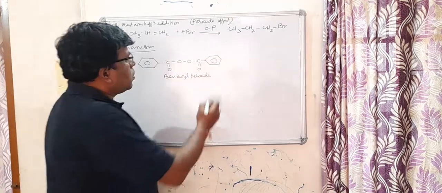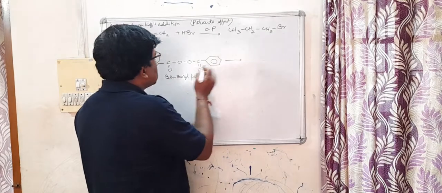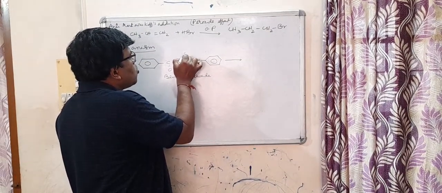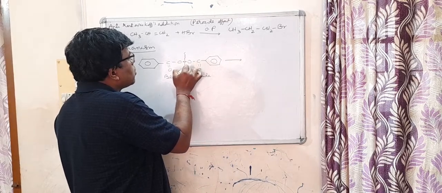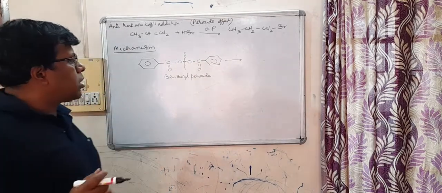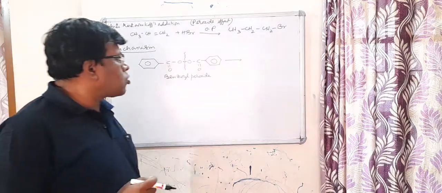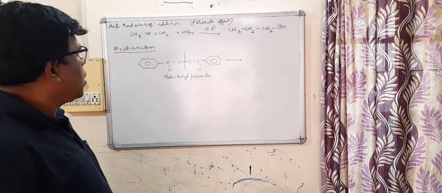So what happens here is that homolytic fission occurs. You have studied about cleavage of bonds, homolytic cleavage and heterolytic cleavage. Here it takes place in the homolytic way.